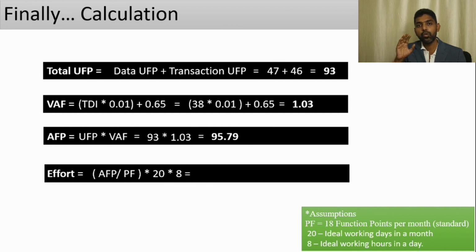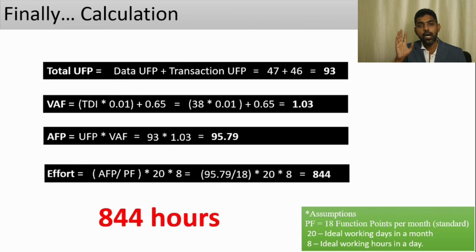If you do not have one, you can take 18 as a standard function points per month. Then 20 is the ideal working days. I have not included any holidays in this, and 8 is the ideal working hours I have taken. Using this, if you calculate, we get 844 hours required to complete this particular application. So this is how we carry out a function point estimation.